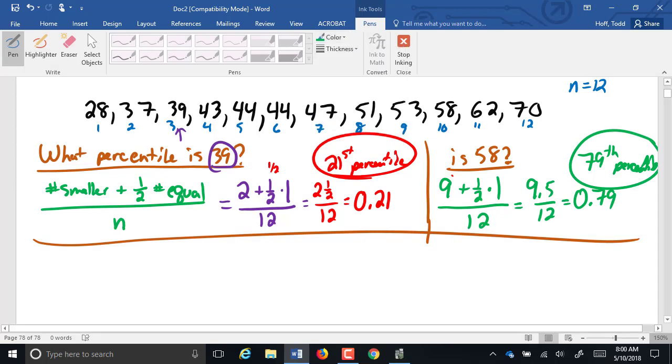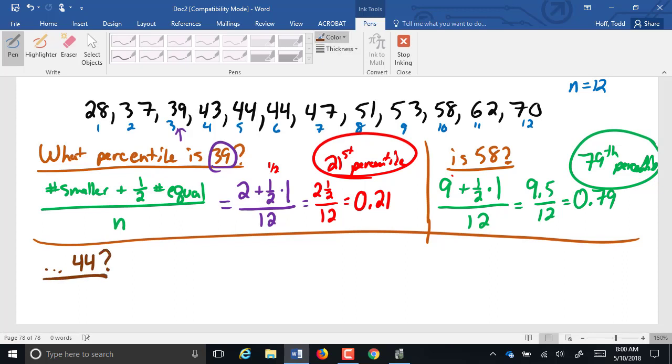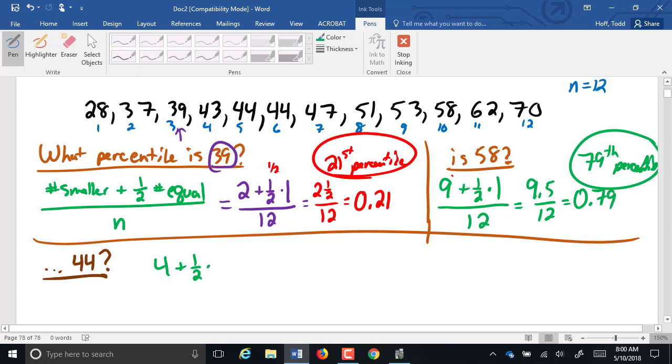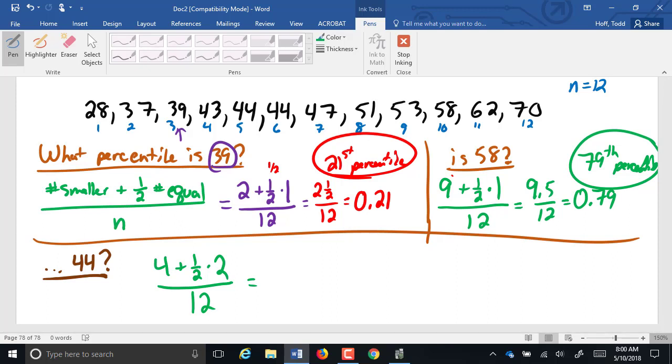How about, what percentile is the 44? In this list, how many numbers are smaller than 44? 4, plus 1/2 times how many are equal to 44? 2, divided by 12. 4 plus 1/2 times 2. 1/2 times 2 is 1. 4 plus 1 is 5.